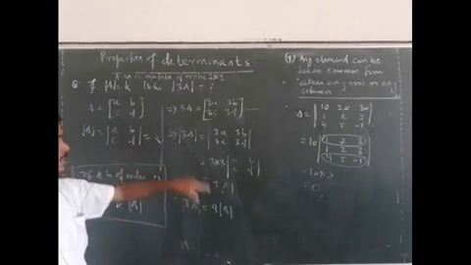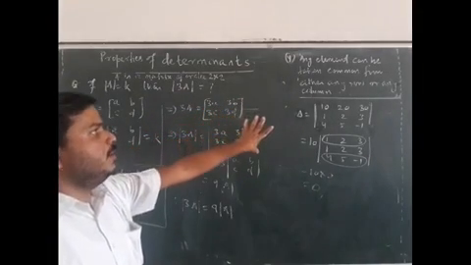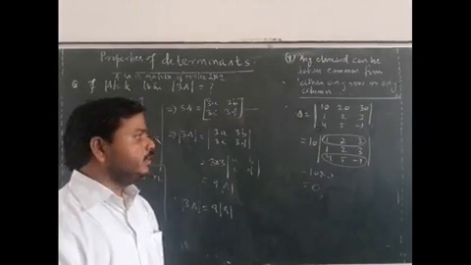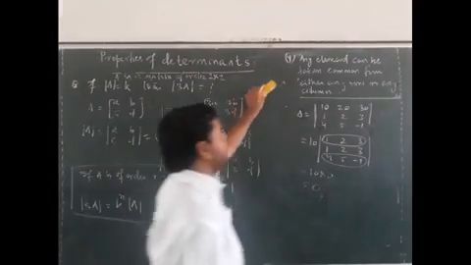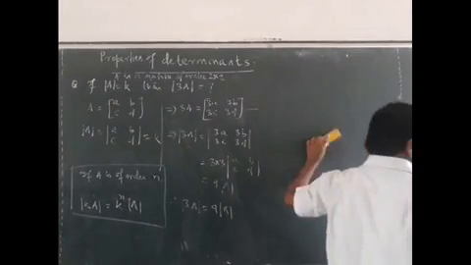Here, if the order is 3, it will be 3 to the power 3. So, this is the evidence that if A is of order n, then the determinant of K times A will be K to the power n multiplied by the determinant of A. So, this is the property that any element can be taken common from either any row or any column of a determinant, right? So, now let us see the fifth property and we will conclude our discussion there.